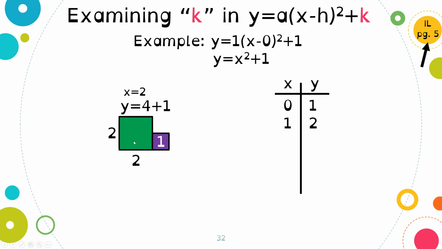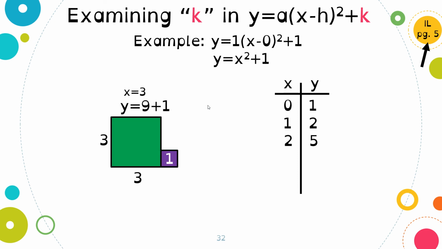If x is equal to 2, our side length is 2. So our original area is 2 times 2, 2 squared, which is 4, plus 1, because we have that extra piece that we are adding in. So when x is equal to 2, y is equal to 5, because 4 plus 1 equals 5. And we continue this idea: if x is equal to 3, our side length is 3.